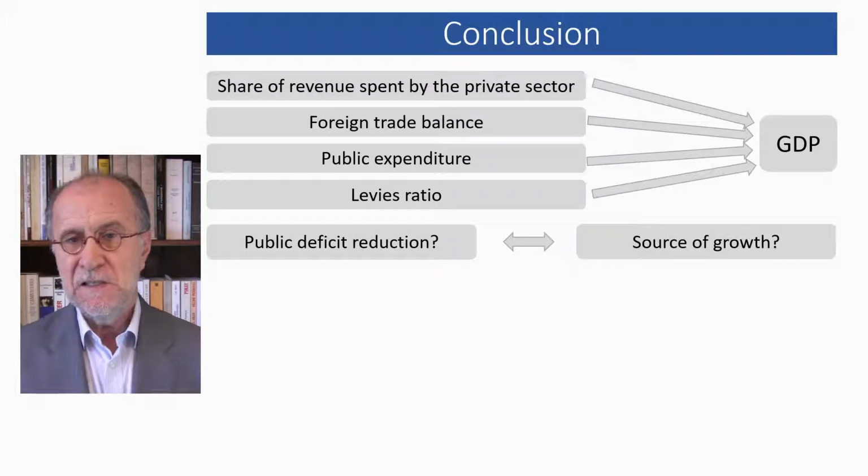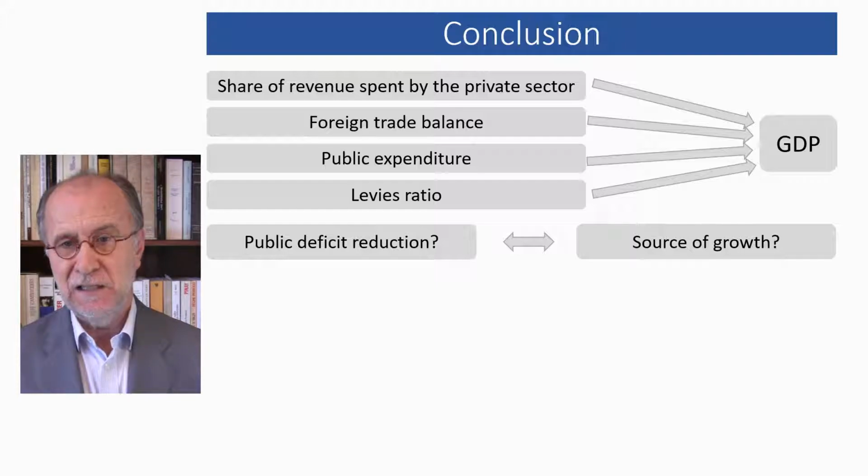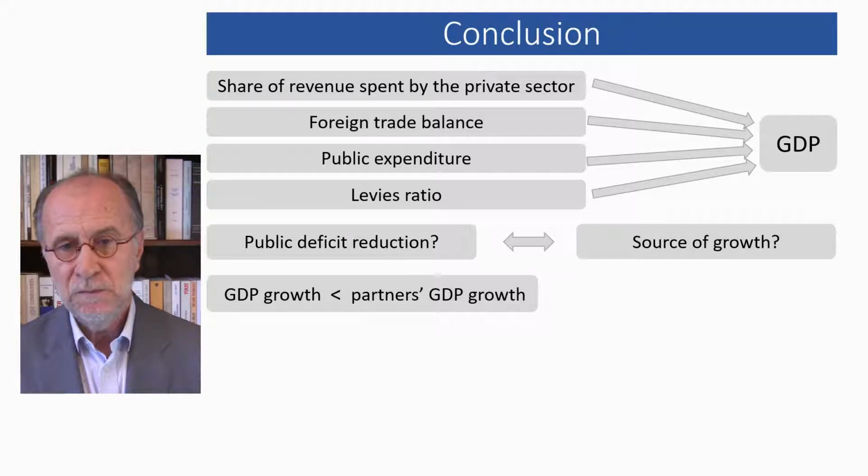Fiscal policy also affects growth directly, but it affects the public balance ratio only indirectly, via the external balance ratio. The third conclusion is that a stringent policy affects an economy's public balance ratio by making growth lower than in partner economies, which raises the external balance ratio.